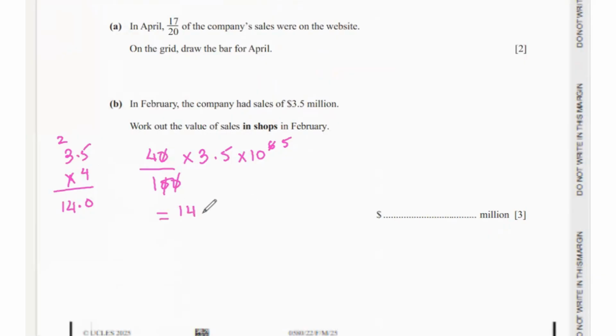So 14 times 10 to the power of 5, which is basically 1.4 million. That is how much was made from sales in shops in Feb.